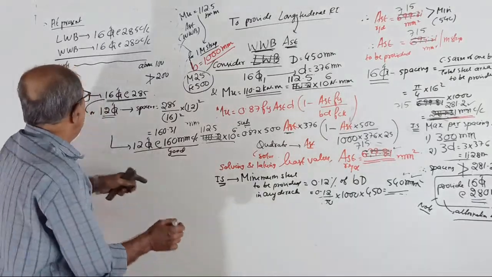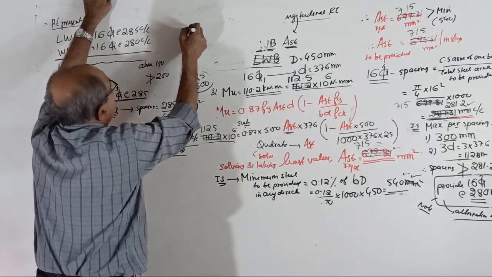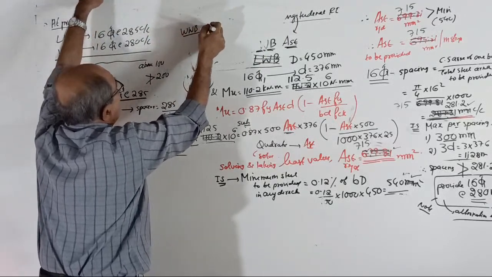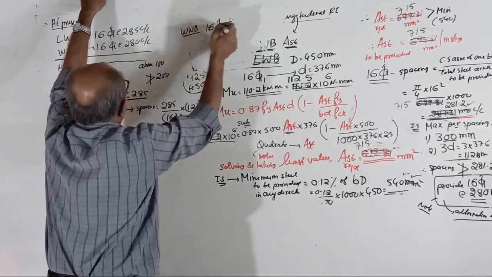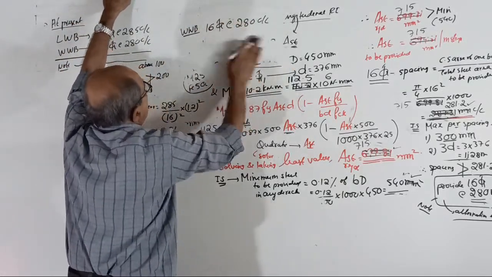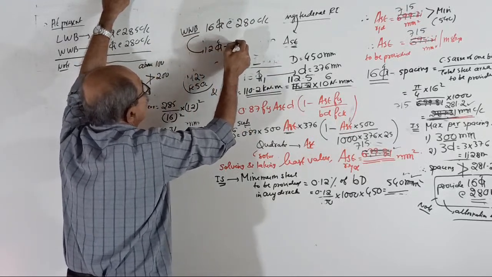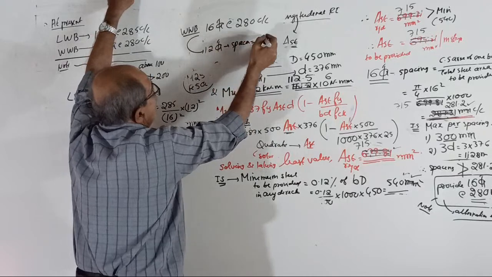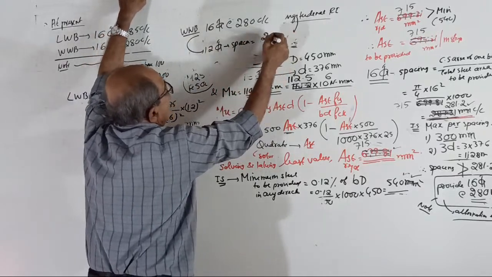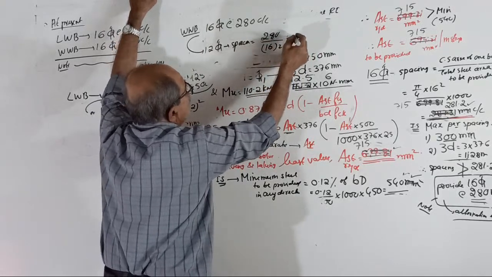Okay. Now, the same way for widthwise bending. Earlier we got 16 tor at how much? 280 center to center. Now, if you are replacing by 12 tor, the new spacing should be 280, the old spacing, divided by 16 square into 12 square.